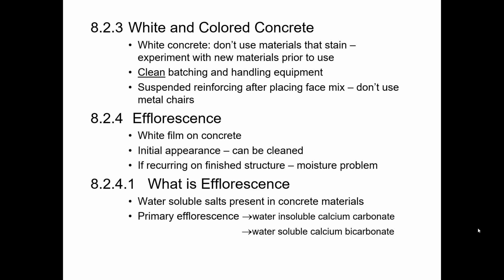So you want to be careful not to use any materials that are going to stain the surface of that concrete. You may never get it out all the way. And when I say materials, I'm talking about anything from the condition of your reinforcement, if it's got a bunch of rust on it, or the wire ties that you use, or the condition of the forms, the form release agent that you use.